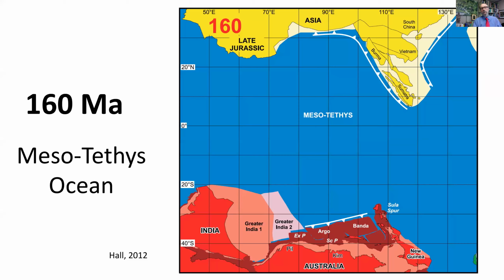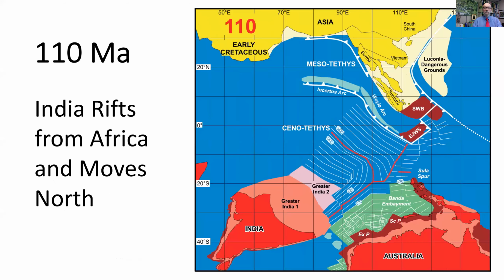So back at 160 million years before present, we had the big Mesotethyan Ocean. So the Tethys is the name given to the big ocean basin that separated southern Asia from the continental mass of Gondwana, including Australia and India. And there was subduction occurring at various boundaries in South Asia.